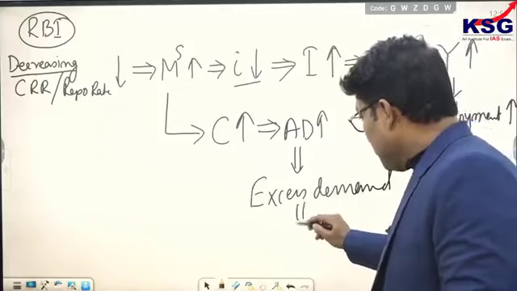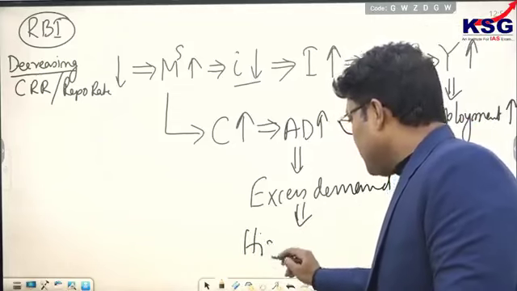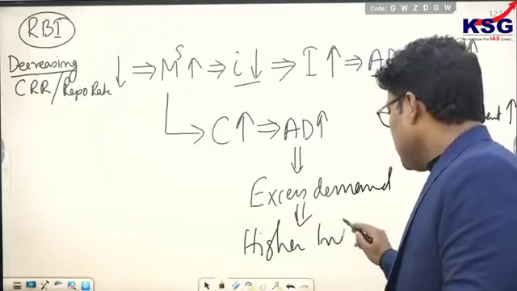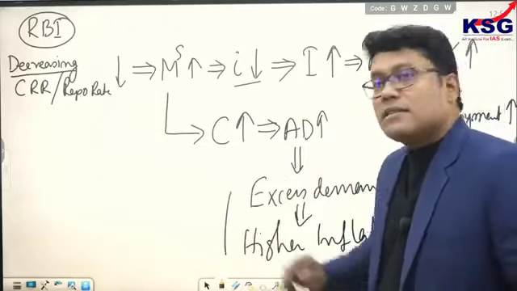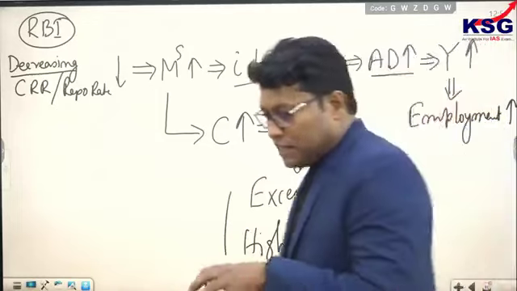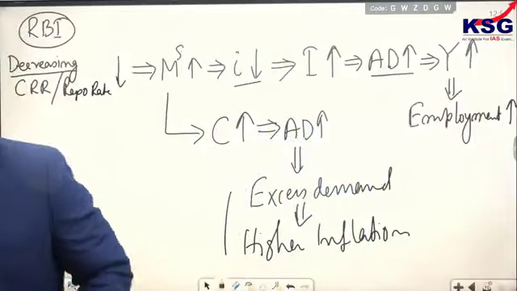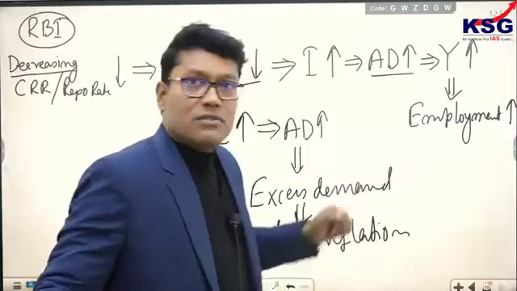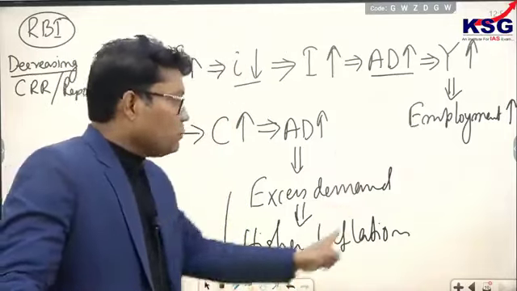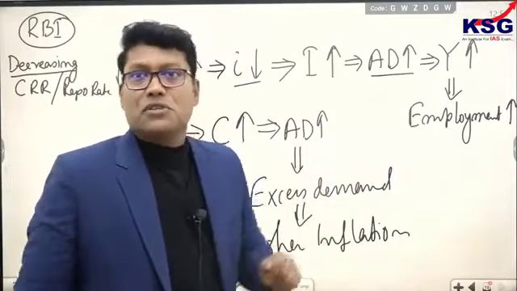And this excess demand will create higher inflation in the country. This is the adverse impact. So if you keep increasing money supply more and more, it is not necessary that it will bring only positive things to the country. It may work adversely through higher inflation.